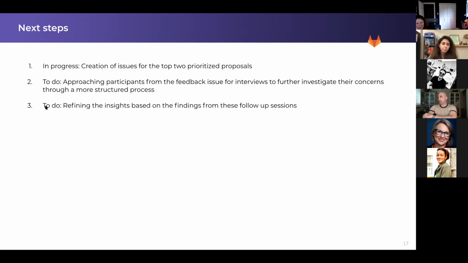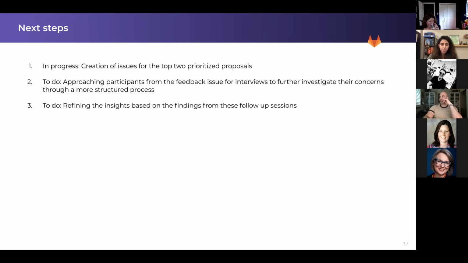Now, talking about the next steps in the process, something that's already in progress is the creation of issues for the top two prioritized proposals. What we are planning to do next is approach participants from the feedback issue for interviews, getting in touch with them and organizing interviews to dig deeper into their concerns in a more structured way, so that we can understand the motivation behind what they're trying to achieve with this feature.